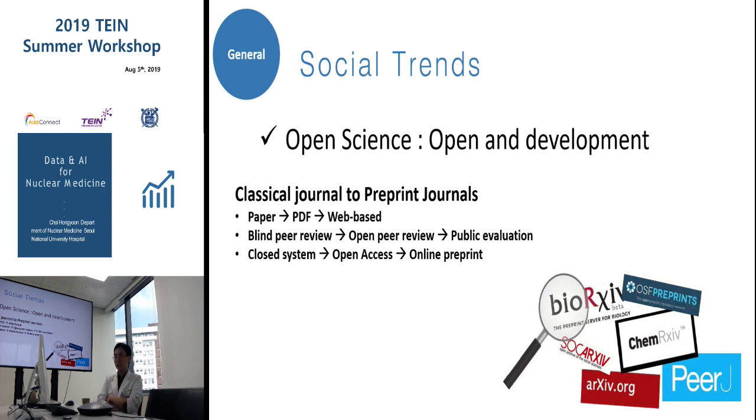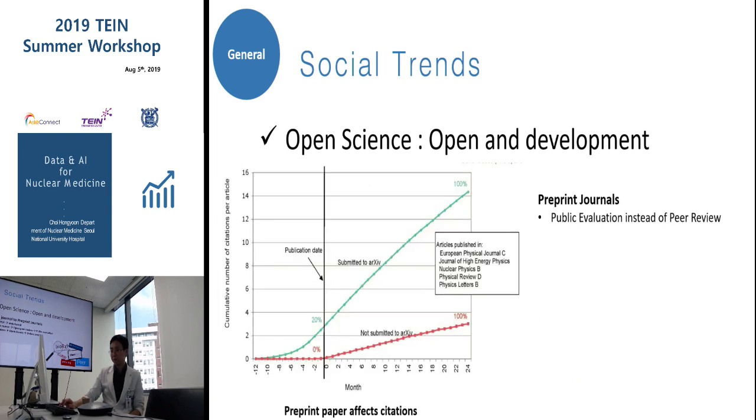So the closed system changed to an open system, and online preprint systems are widely accepted in many other domains, such as computer science or chemistry, and sometimes medical or biology fields.